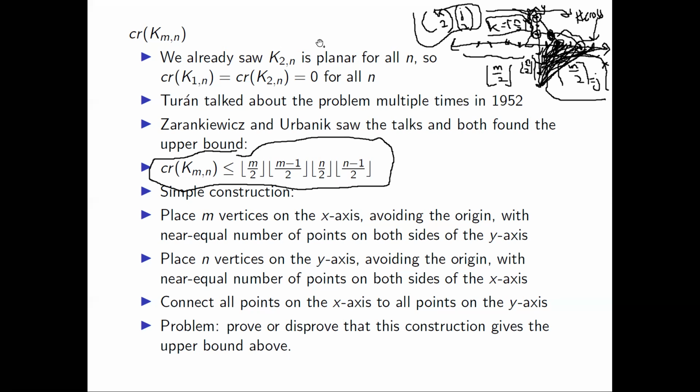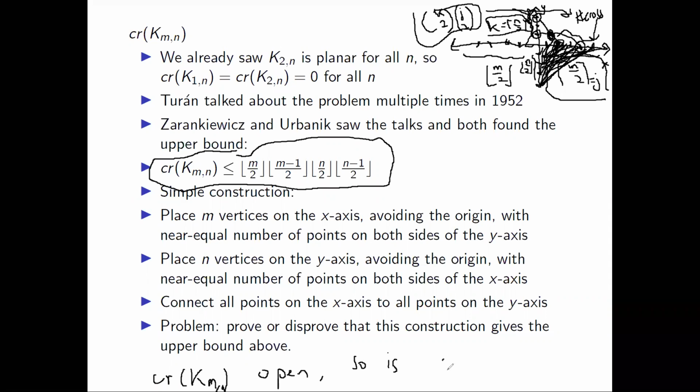Another family of graphs that we've seen a lot in this class, for which the crossing number is open. So besides this one, the crossing number of the complete bipartite graph is open. And so is the crossing number of the complete graph. So these are both open problems.